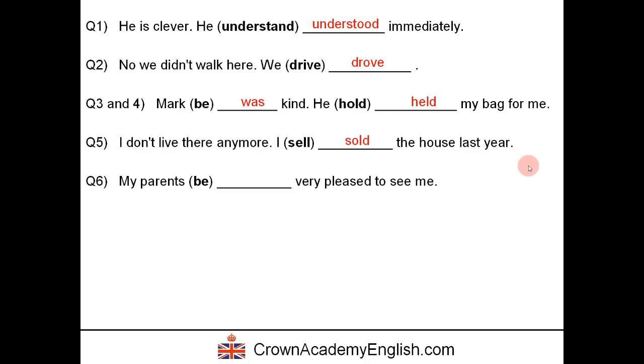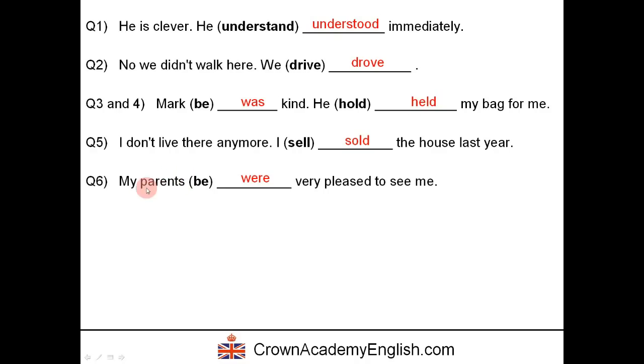Question 6. The answer is, my parents were very pleased to see me. So this is another example of the verb be, but this time it is the third person plural.